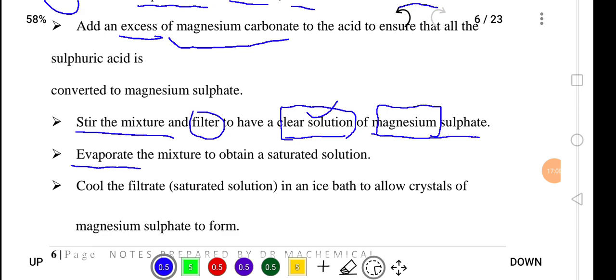When we evaporate excess water, we are going to form what we call a saturated solution. By cooling the saturated solution formed, we are going to allow the crystals of magnesium sulfate to form. And when we dry the magnesium sulfate crystals, we are going to come up with a hydrated salt of magnesium sulfate.